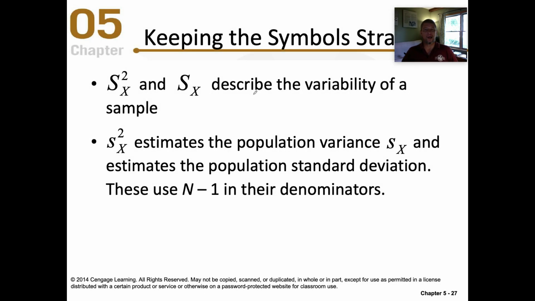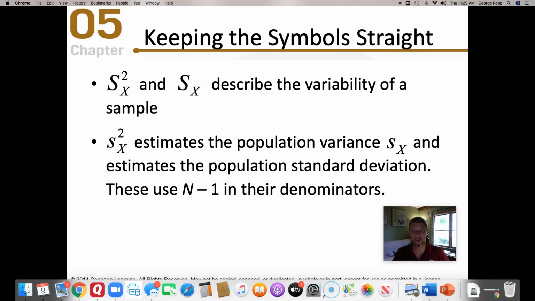Now, keeping the symbols all straight, capital S squared and capital S describe the variability of a sample. Little s squared estimates the population variance, and little s estimates the population standard deviation.